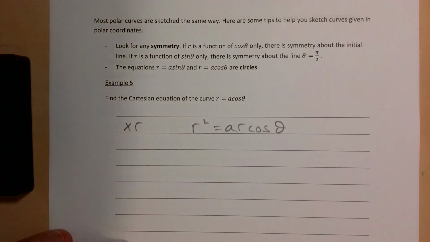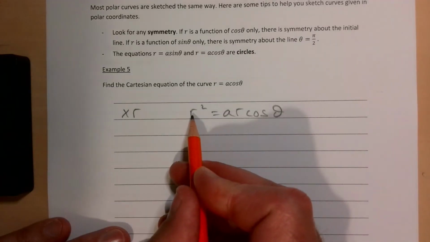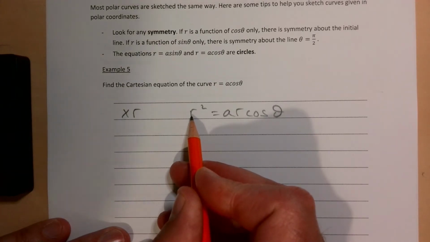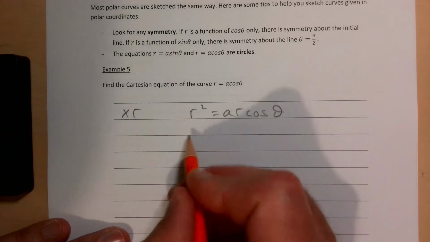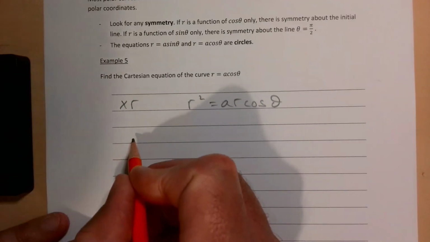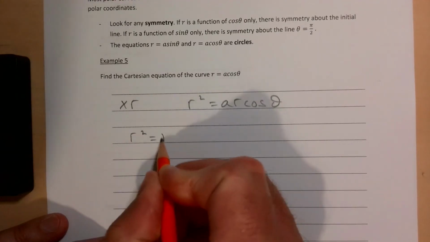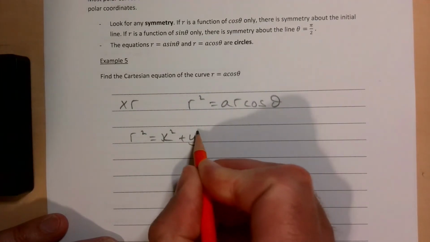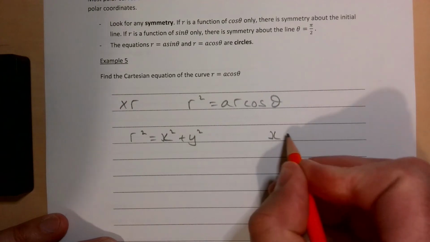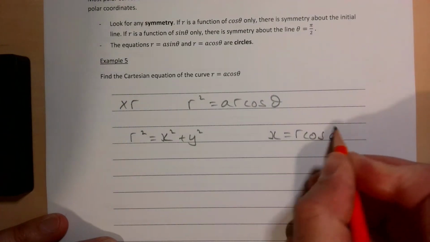We know from a few pages back that r squared is the same as x squared plus y squared, and we also know that x is r cos theta. So if we substitute those in, let's write out what they are again so you don't see it disappear. We know r squared equals x squared plus y squared, and x is r cos theta.